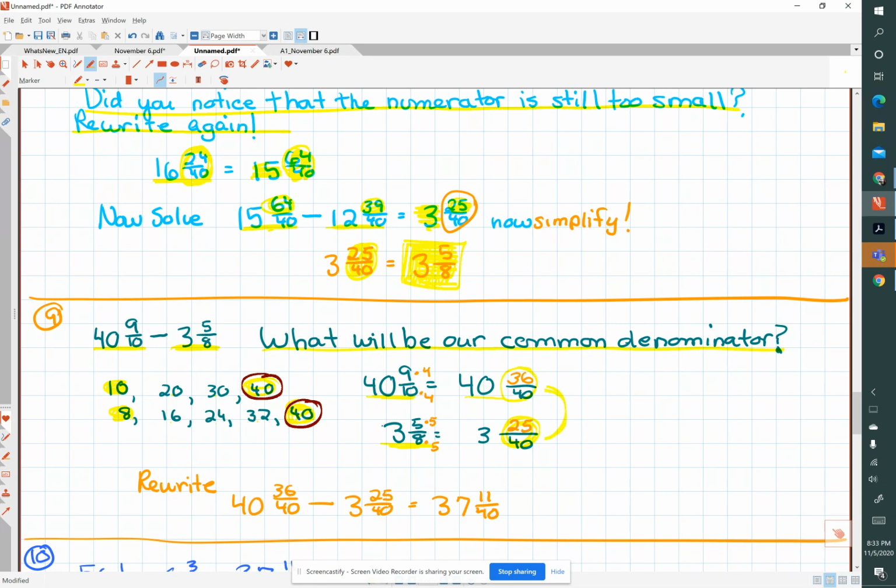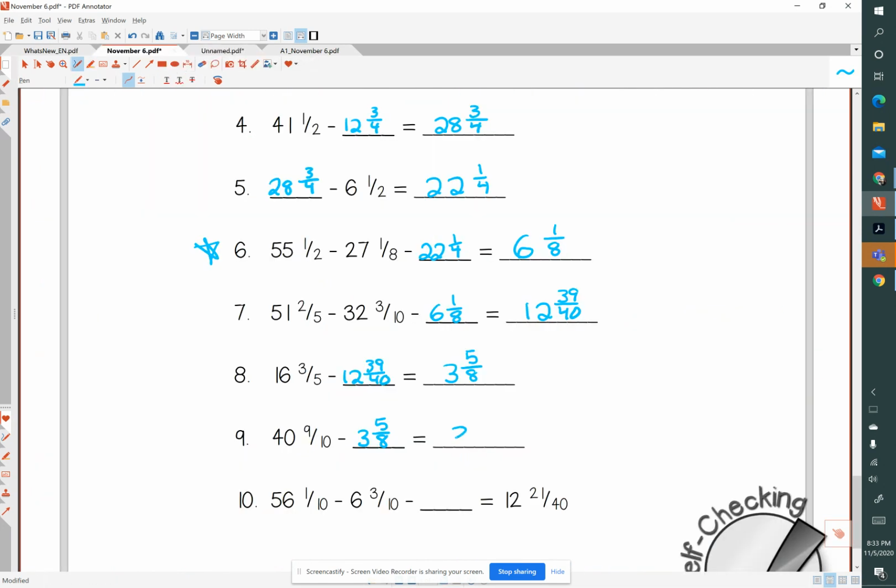Let's use our new numbers as we rewrite the problem. 40 and 36/40 minus 3 and 25/40 is 37 and 11/40. 40 minus 3 is 37, and 36 minus 25 is 11. And that is our final answer, 37 and 11/40.